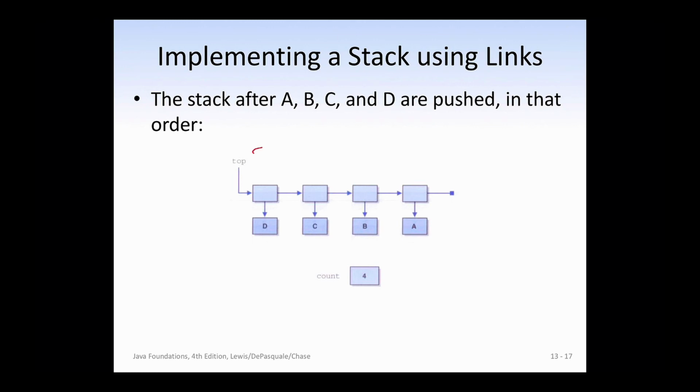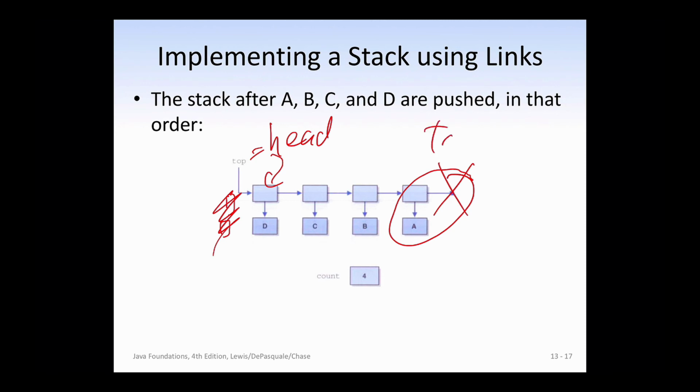If the top is the same as our head, then we can insert elements at the beginning here, and we can make the head jump over that element to remove them. But without a tail pointer, we can't really make changes here in constant time.